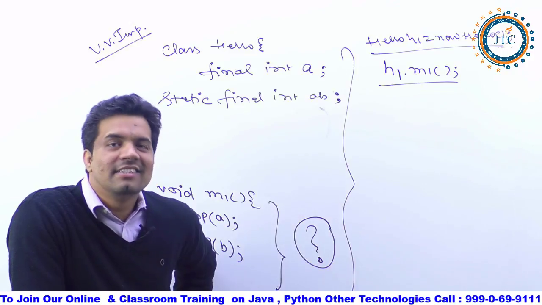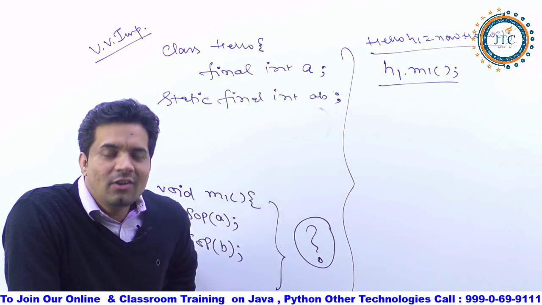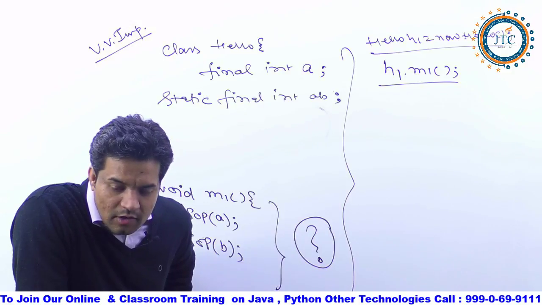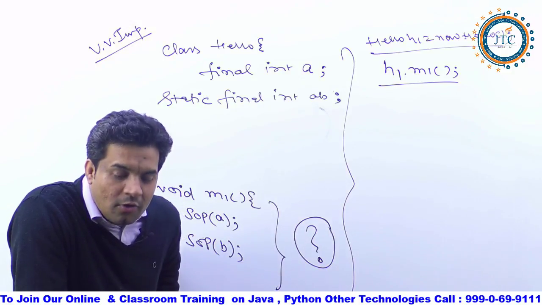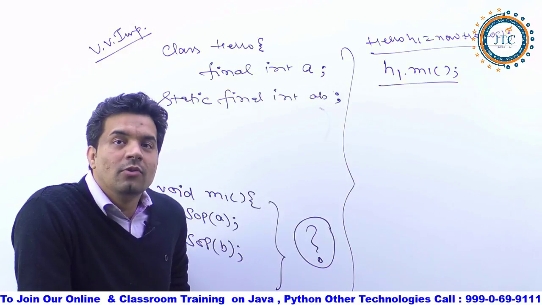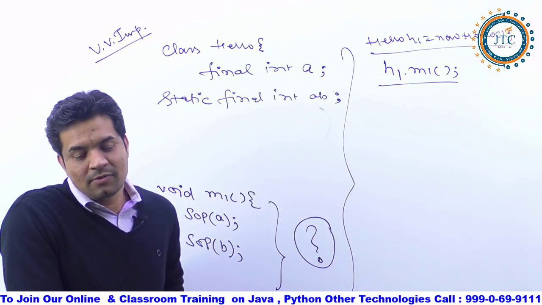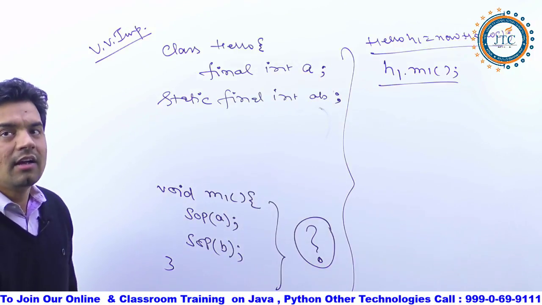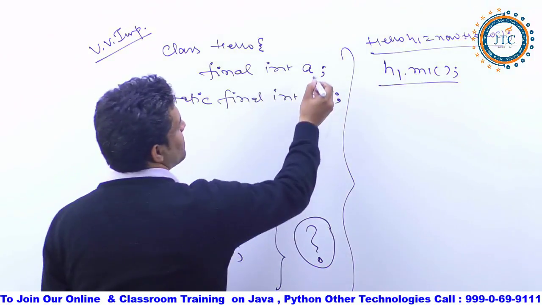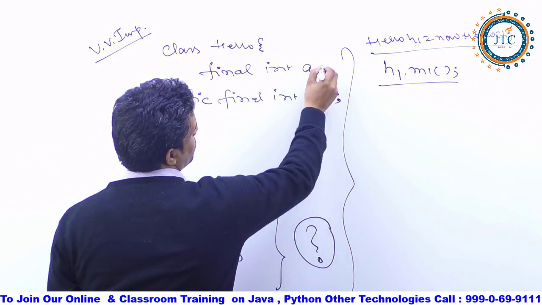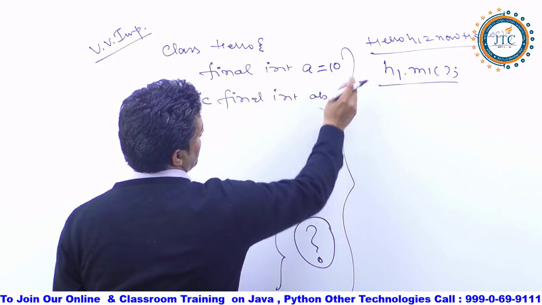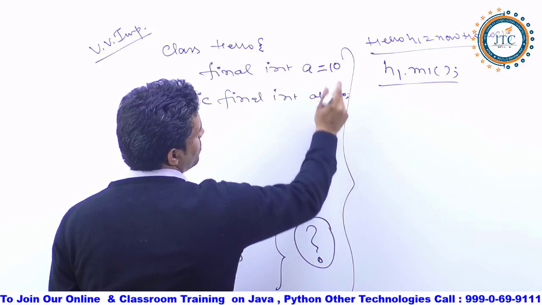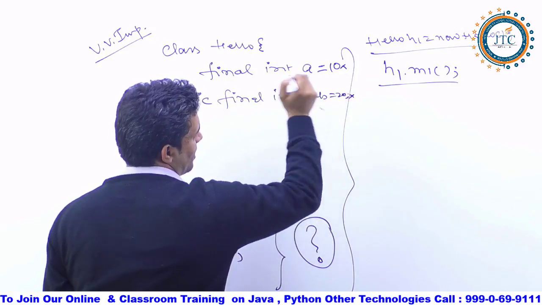The condition is I do not want to assign this variable here. The declaration I have already done. Suppose I am writing 10 here and 20 here. I do not want to do these. I don't want this to be done here.